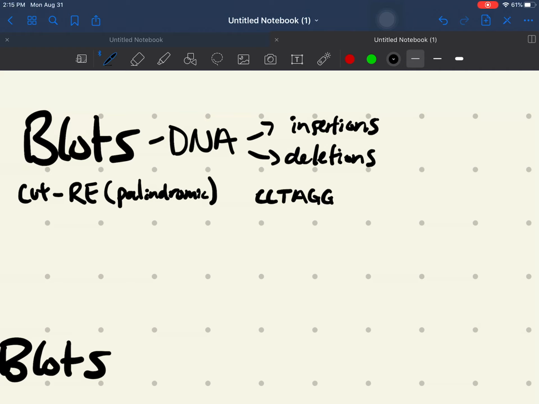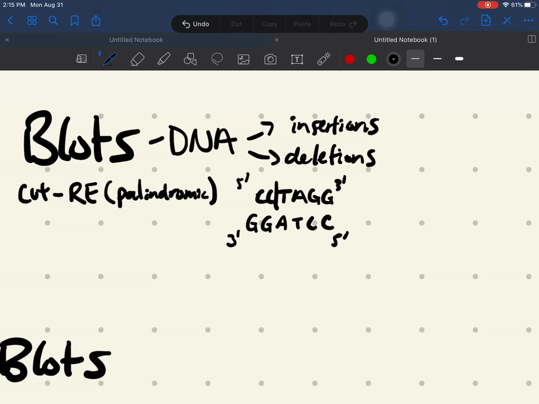If we take a look at the complementary sequence to that, that will be CCTAGG, right? So it reads the exact same way from 5' to 3' on both sides of the DNA. So essentially what this restriction endonuclease is going to do is it's going to cut right there and maybe leave some sticky ends, or maybe cut right here.